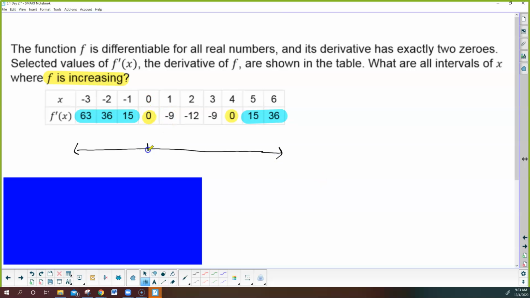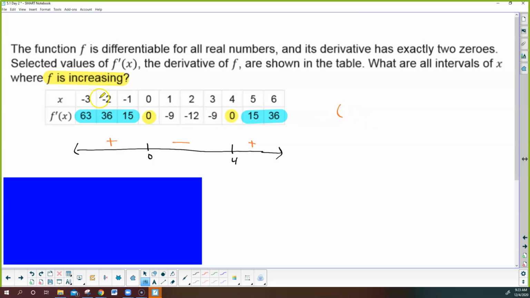At x equals 0, I've got a 0 slope. At x equals 4, I have a 0 slope. And then reading this chart, I've got positive derivatives to the left of 0. I've got negative derivatives to the right of 0. And then to the right of 4, I've got positives. So you can look at this the same way we do graphs.